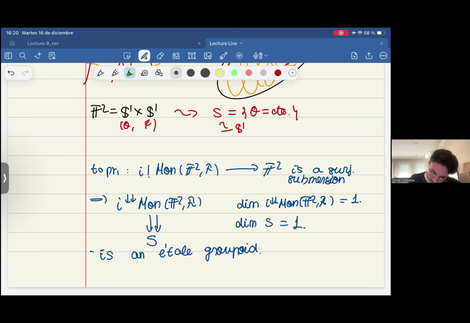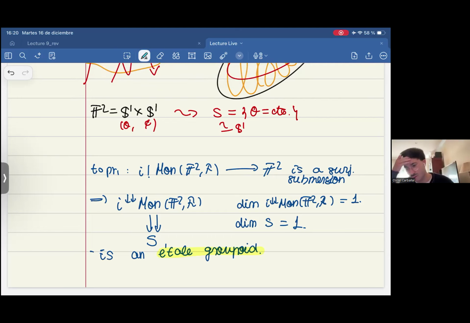Right? This is a Lie groupoid such that the dimension of the manifold of arrows equals the dimension of the manifold of objects. Well, and what we have done here, just for simplicity, with a very particular foliation, the canonical foliation, and a very concrete transversal section, holds in general, right?